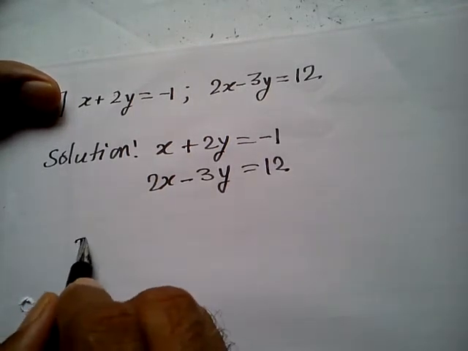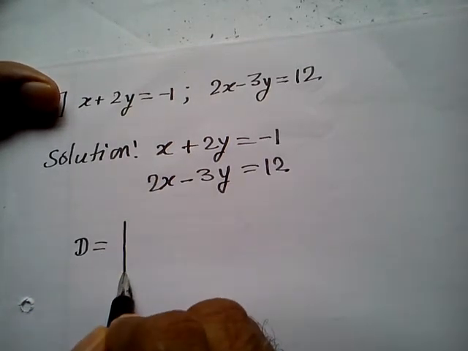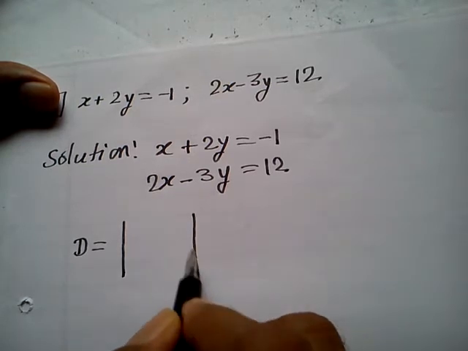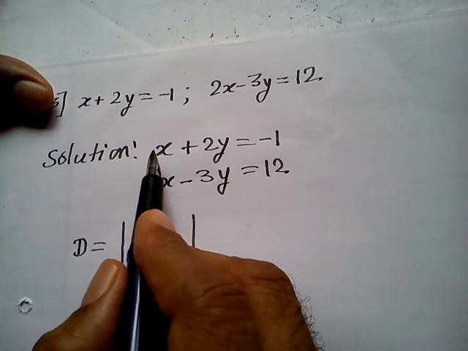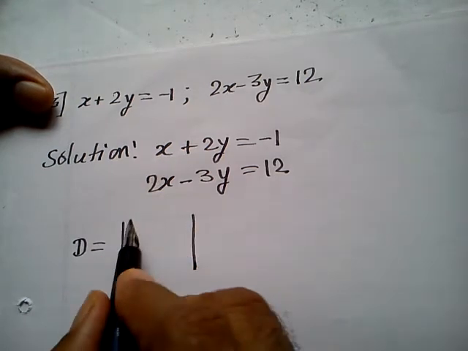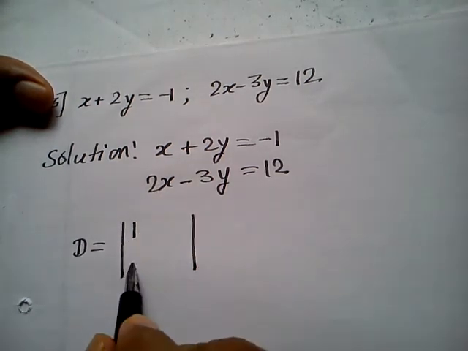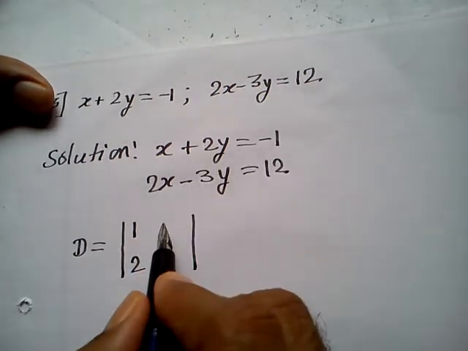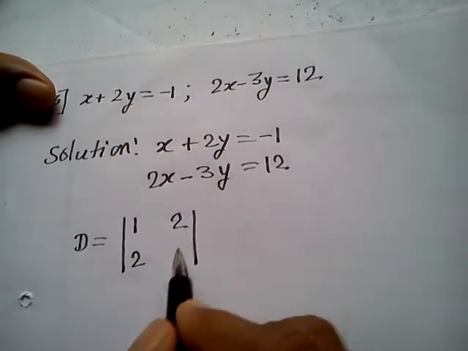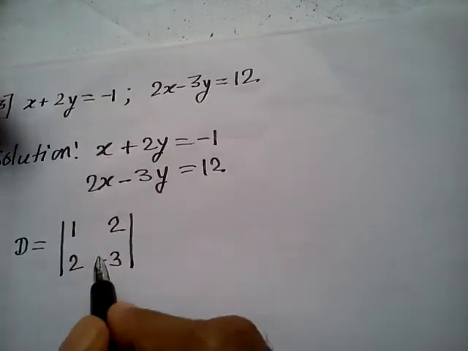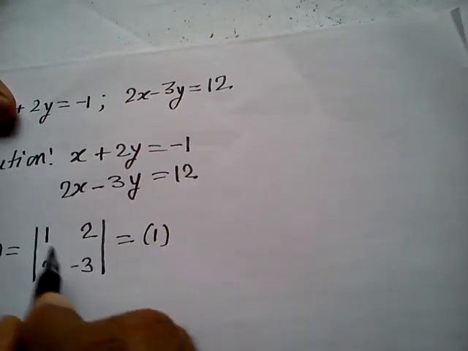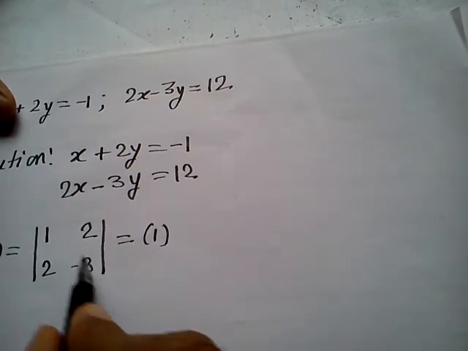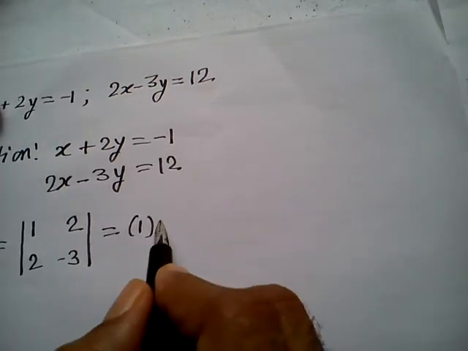Therefore d is equal to, first step is important. Nothing is here. What is the coefficient of x in the first equation? Nothing is there, so always 1 there. This one is 2. 2. This is negative 3. Is equal to, again, don't make mistakes, cross multiplication.